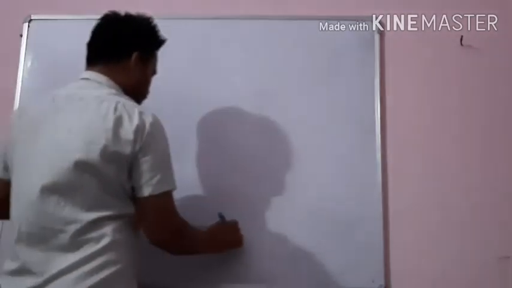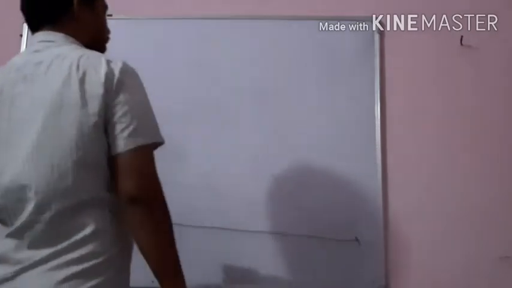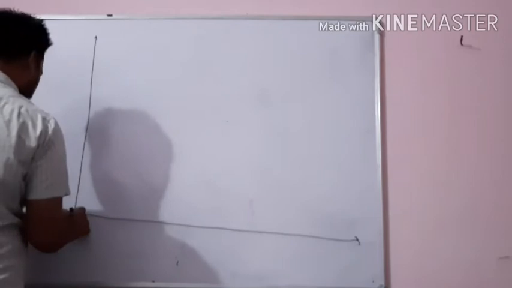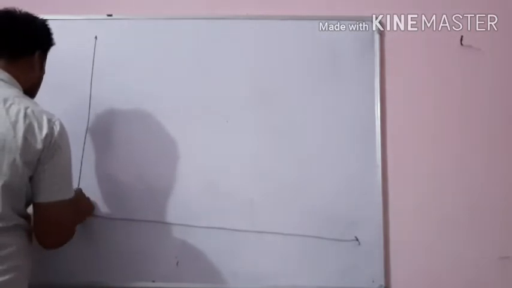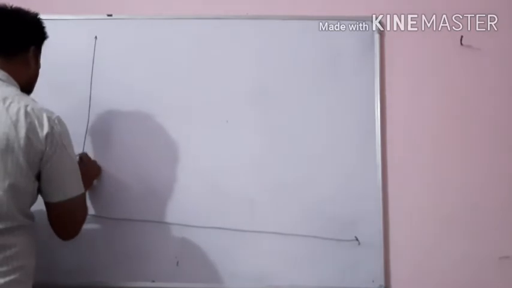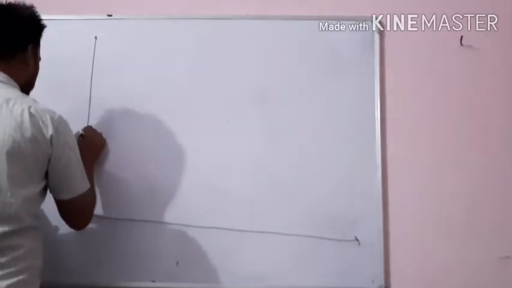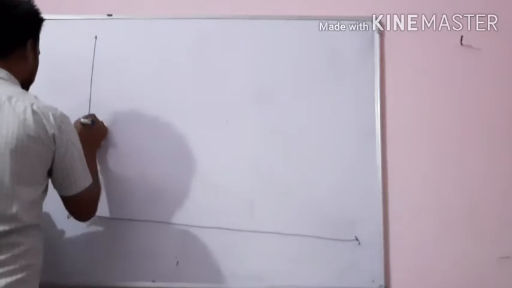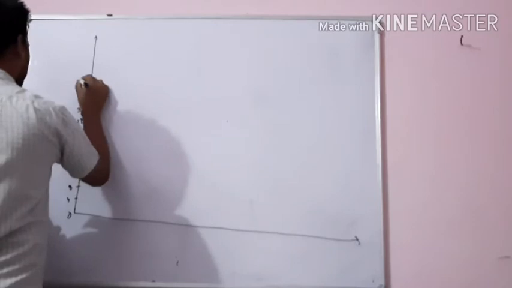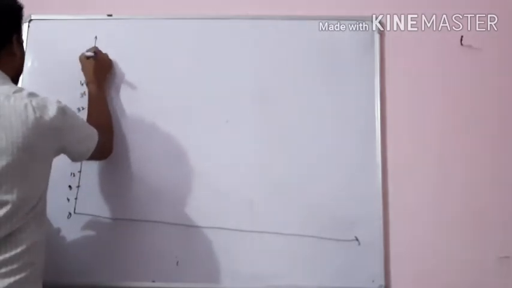In making the table, we have seen the maximum length of rectangle is 44, so we are taking multiples of 4 here: 0, 4, 8, 12, 16, 20, 24, 28, 32, 36, 40, 44, 48.